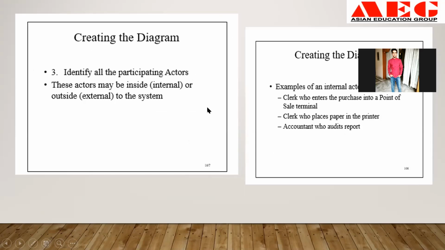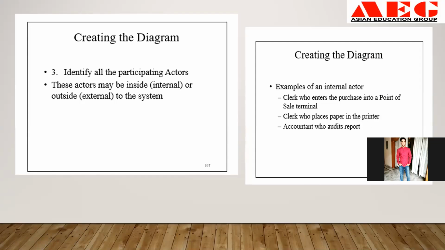Examples of an internal actor are a clerk who enters the purchase into the point of sale terminal, a clerk who places paper in the printer, an accountant who audits reports.